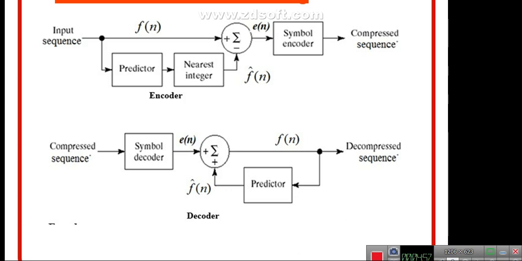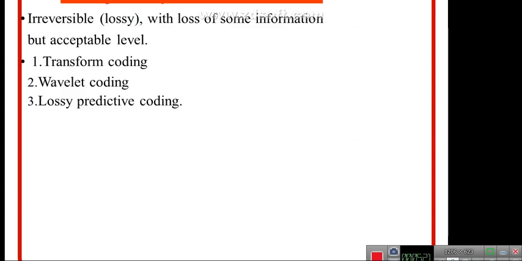The resultant value of e of n is encoded using the symbol encoder, and the final result is called the compressed sequence. On the decoder side, the compressed sequence is given as input to the symbol decoder, and after decompressing we get the decompressed sequence. This is the lossless predictive coding block.